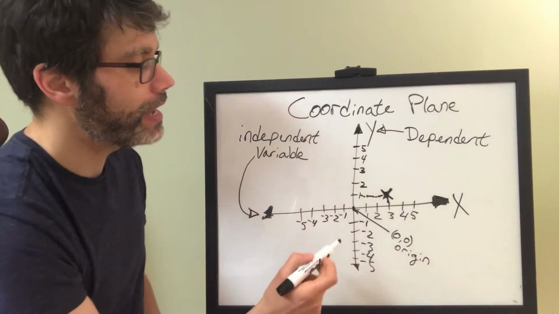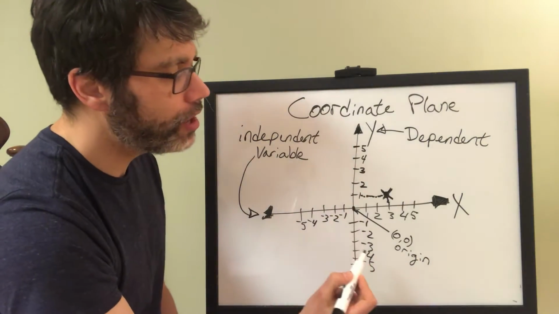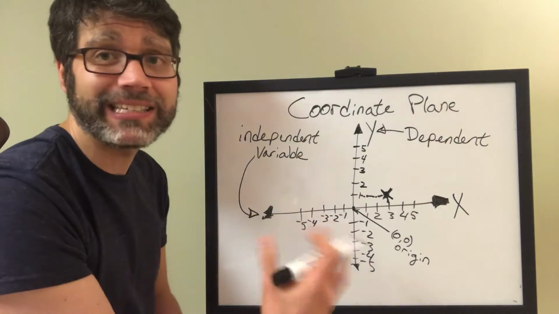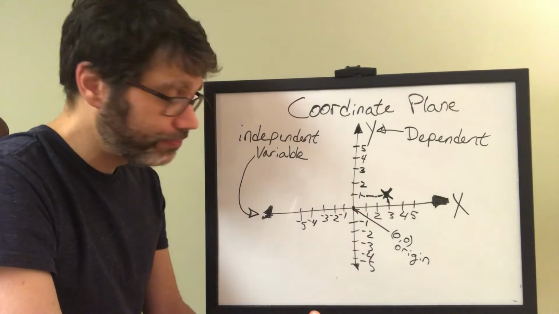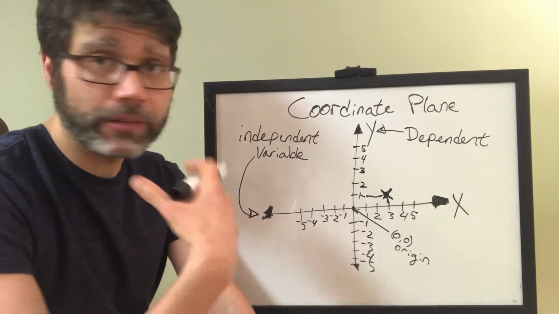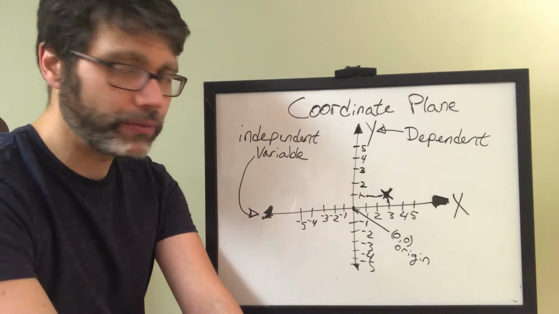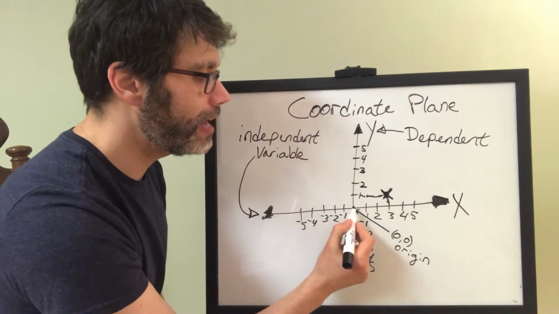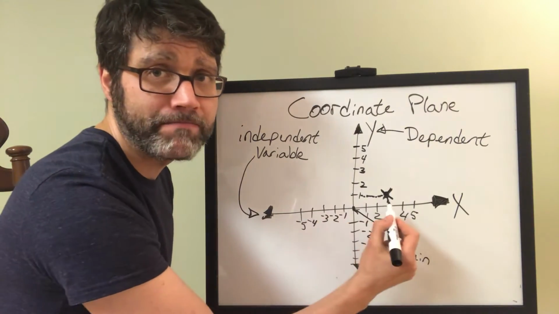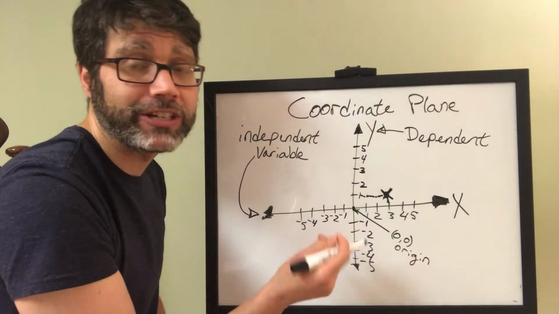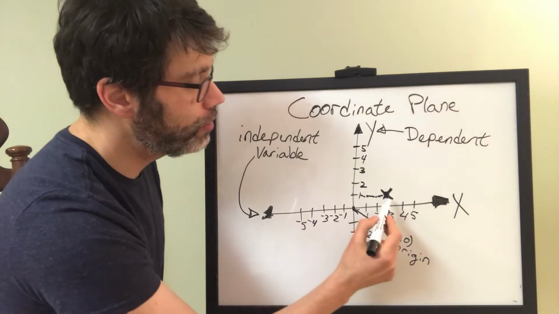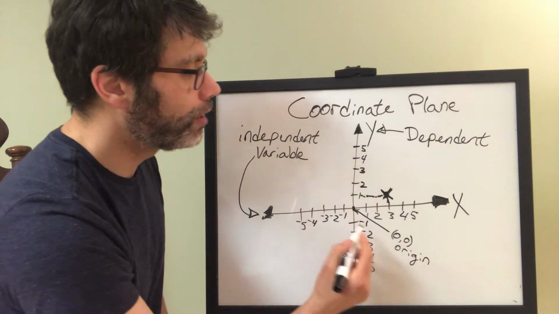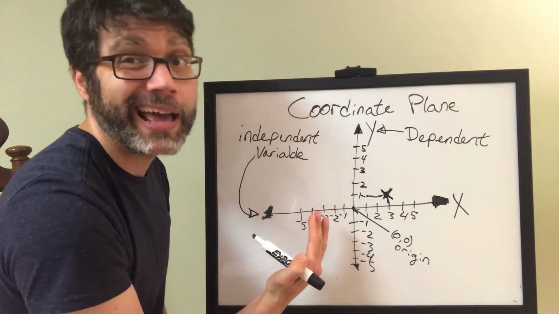All right, so now we're always going to have to communicate with other people in a very consistent manner. So what we've decided, and this is for everyone who's dealing with math, we all need to decide on the same thing. And what we've decided is we're going to tell how much right or left we've gone, and then the second bit of information is how much up or down we've gone. So in order to name this spot where this x is, we're going to count our x value first.